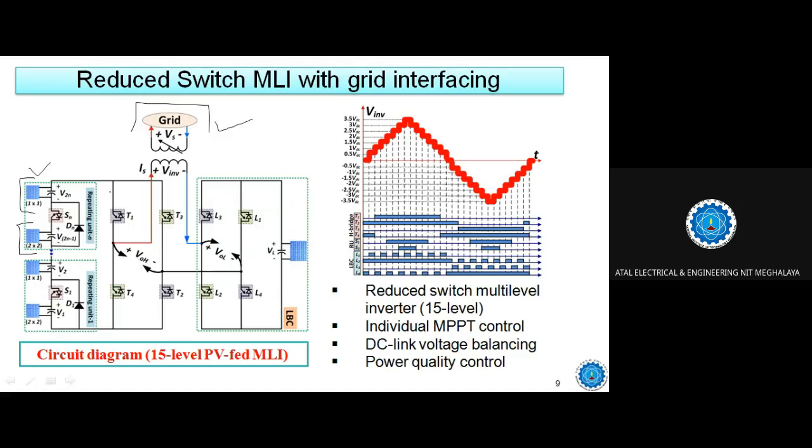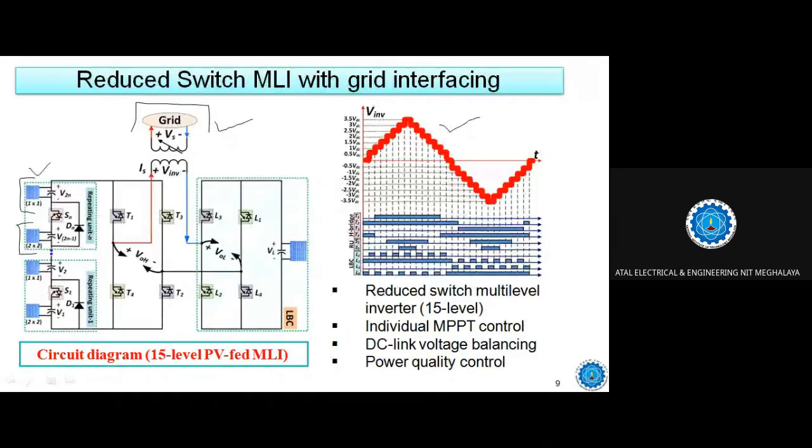And one more important point is that because there are multiple PV panels, individual DC-link voltage control is also required, right? And also you need to maintain the power quality when you are integrating with the grid. Taking all this into account, one more thing I want to highlight is that because of these asymmetrical sources, this inverter structure is able to generate a 15 level output, like the one shown on the right hand side of your screen.